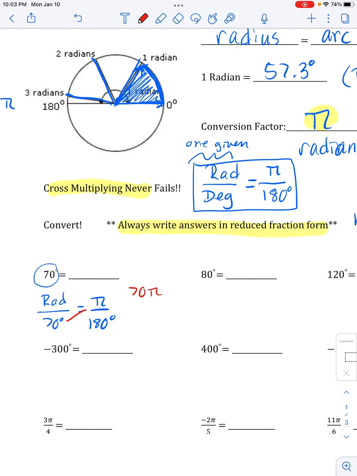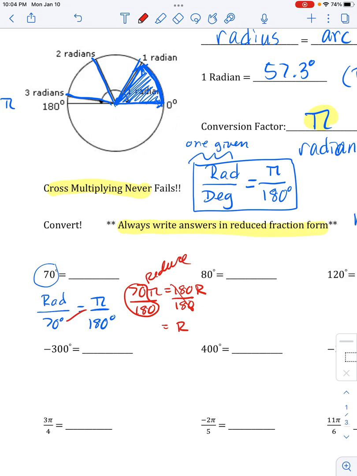So I'll have 70 pi equal to 180 times R, and I'm just going to use the R for radians. But I'm trying to figure out how many radians it is, so I need to solve for that by dividing. So the number of radians is going to be, and that's why I talked about this math enter business, I need to leave the pi, and I just need to reduce this.